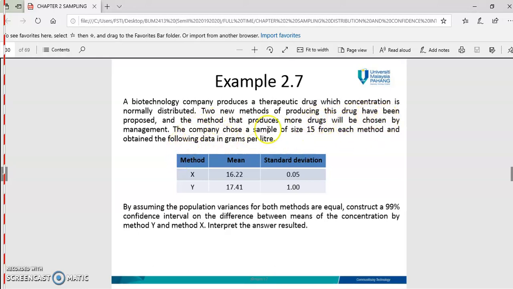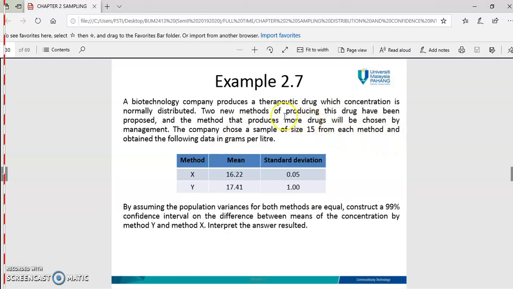The company chooses a sample of size 15 for each method and obtains the following data in grams per liter. So the 15 here is an N. We have N equal to 15 for both method X and method Y. Different methods, so it is an independent sample.